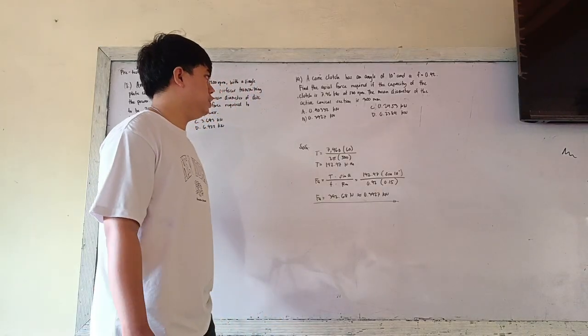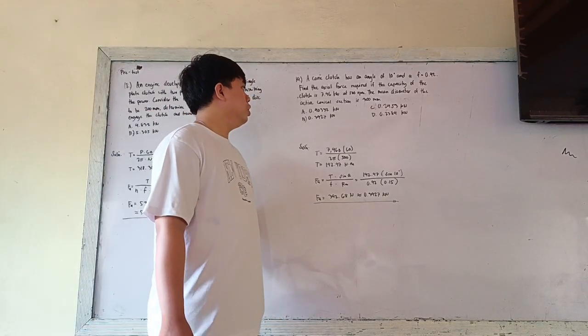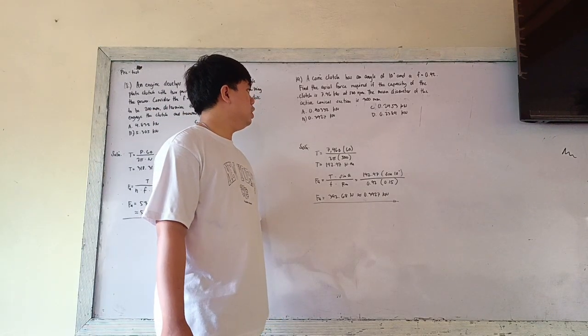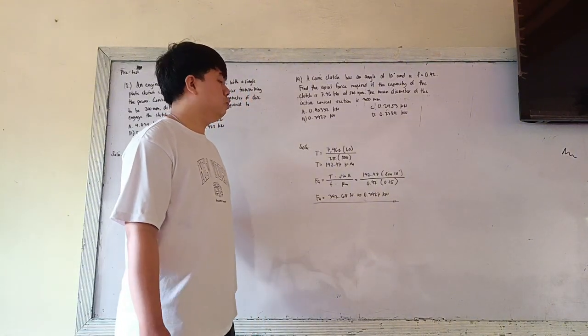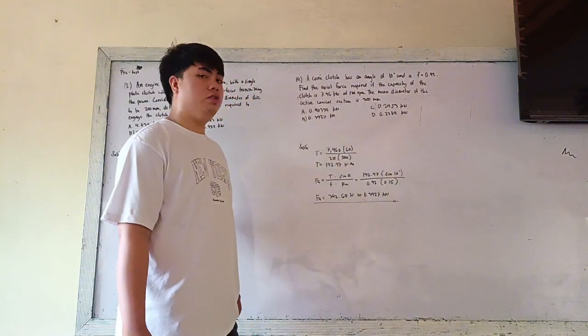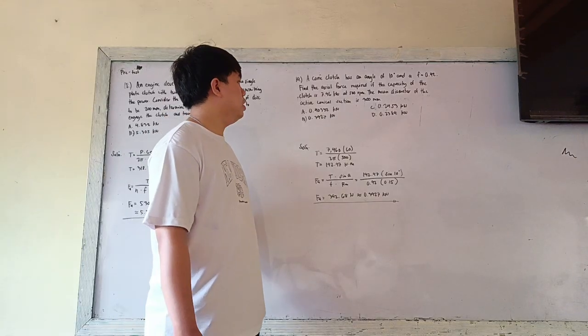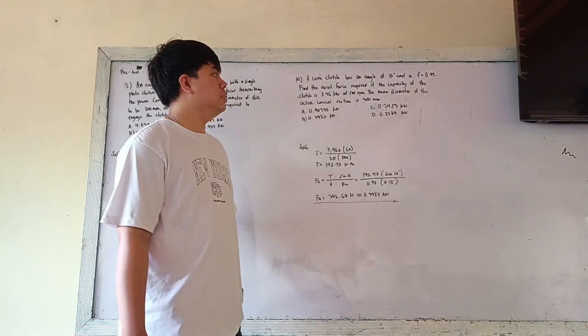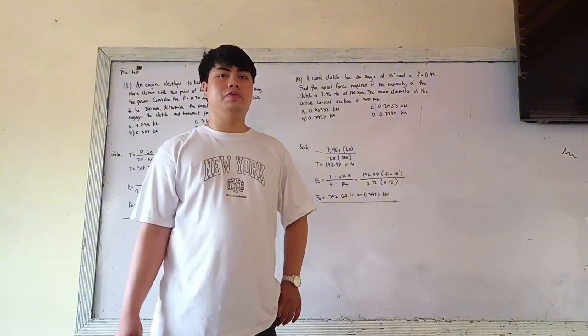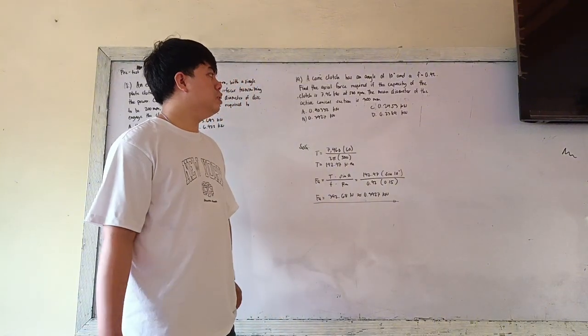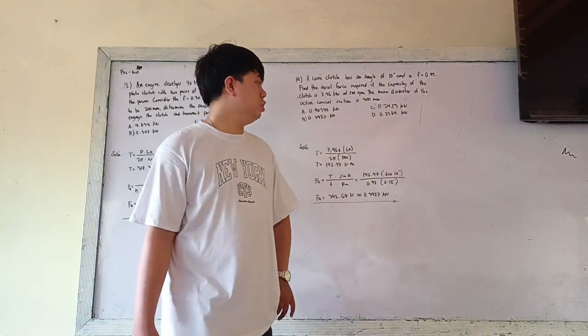So A is 0.432 kilonewton. B 0.3927 kilonewton. C 0.2453 kilonewton. D 0.2384 kilonewton.